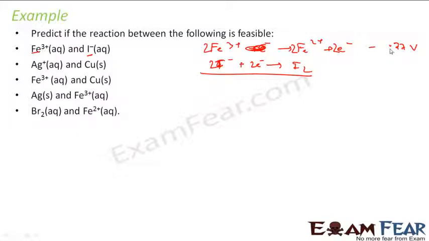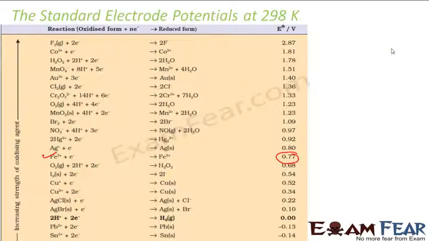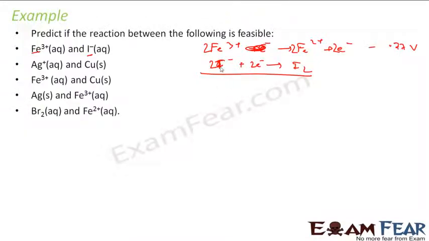The next is I2 to I minus. Let's see if I have that value: 0.54. So I2 to I minus is 0.54, and I minus to I2 will be minus 0.54. This is plus, this is minus.